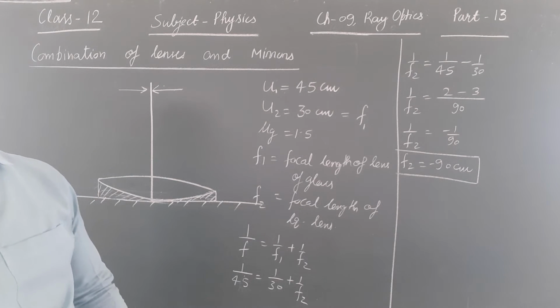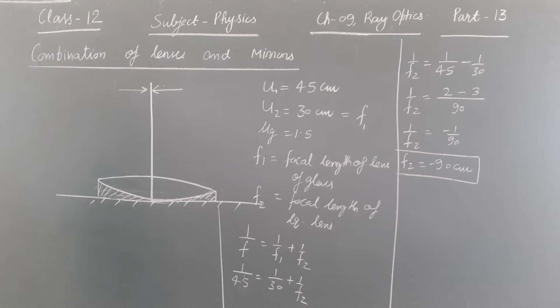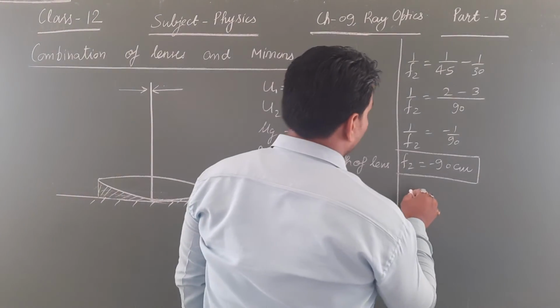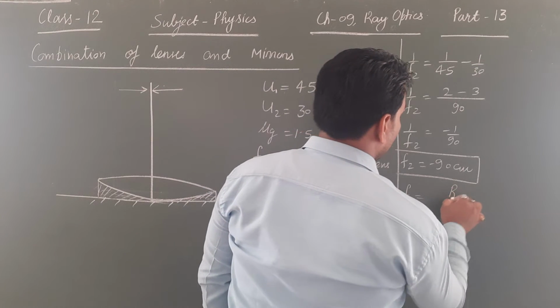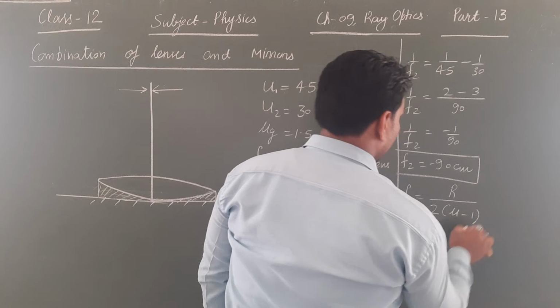Okay. Now one more thing is required, and that is the radius of curvature of the convex lens. Let me calculate it over here. The lens maker formula for an equiconvex lens is given by f is equal to r upon 2 into (mu minus 1).